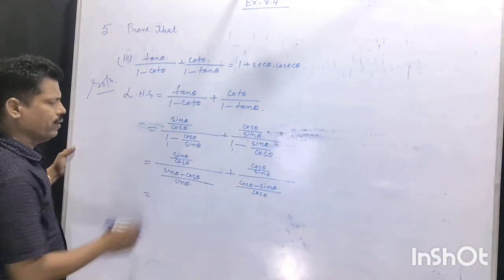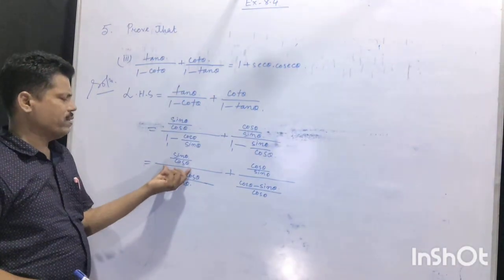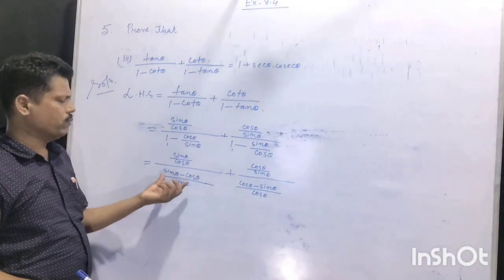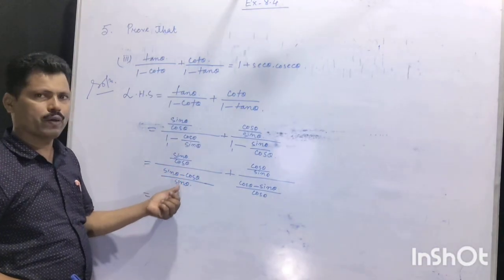Now the main fraction is this, so this part into this one: the numerator will become the denominator and the denominator will become the numerator.